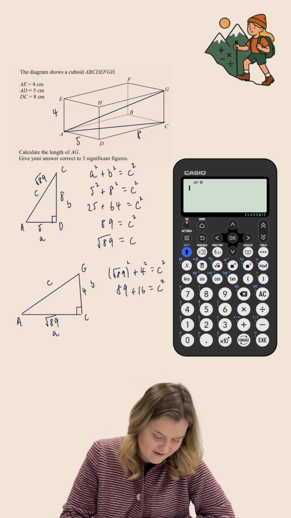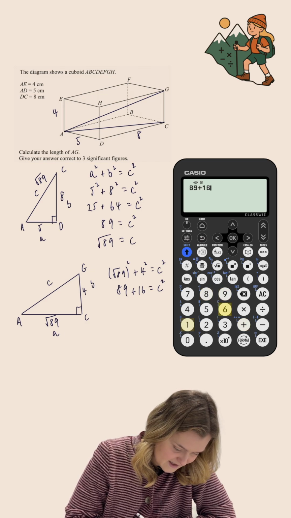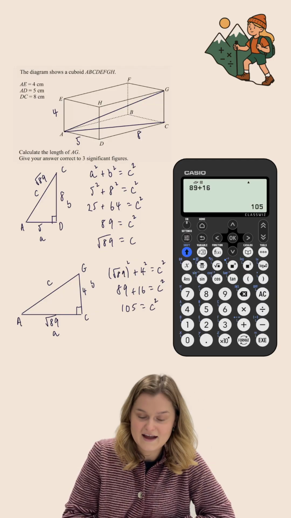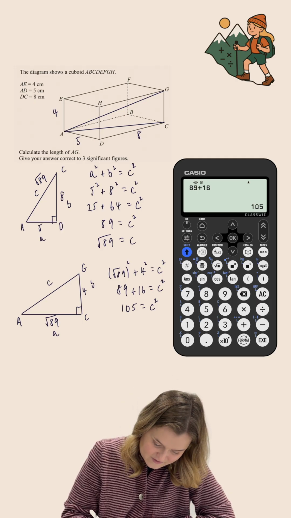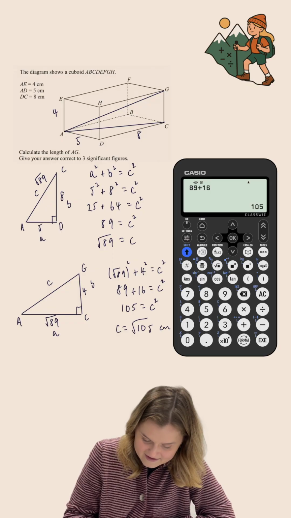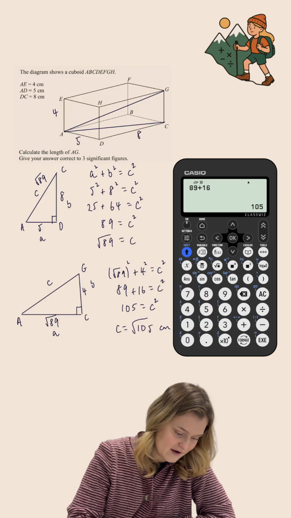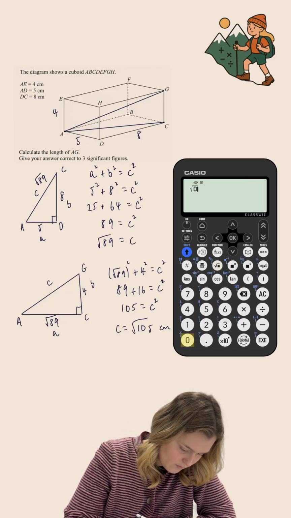Now I need to do 89 add my 16, so 89 add 16 gives us 105, so we've got 105 is equal to C squared, and to work out C, I'm just going to square root both sides again. So C is going to be equal to the square root of 105, and that is in centimetres. Now I need to do the square root of 105 on my calculator.